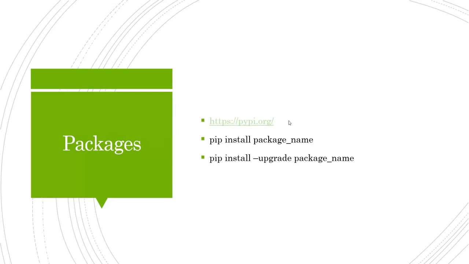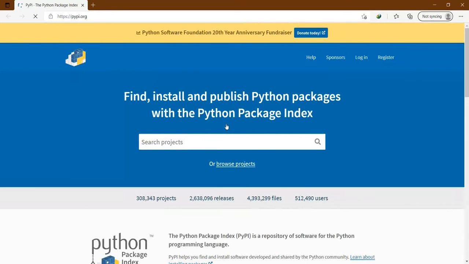Packages. As you might know, Python has different packages for different purposes. It has a long list of packages for the different tasks. You can use this link where they have mentioned all the available packages, and you can find the required packages over here.